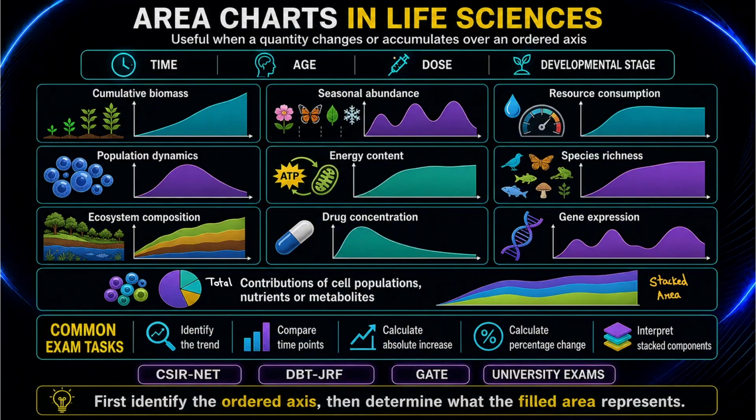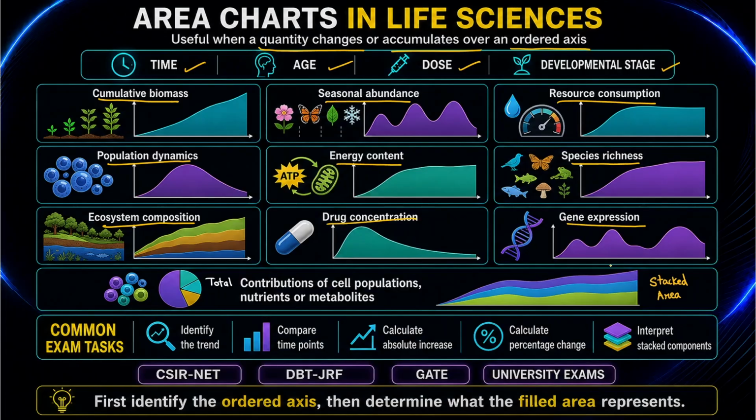Now let's explore how area charts are useful in life sciences. They are useful when a quantity changes or accumulates along an ordered axis, such as time, age, dose, or developmental stages. They can show cumulative biomass, seasonal abundance, resource consumption, population dynamics, energy content, species richness, ecosystem composition, drug concentration, and gene expression.